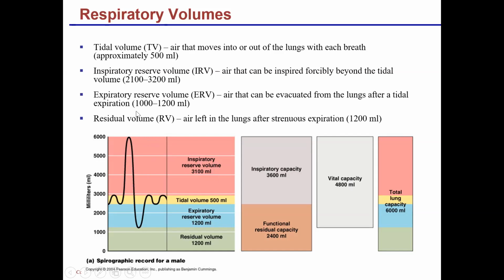Okay. Next one is expiratory reserve volume. That means the air you exhale on top of the quiet tidal volume. If you force yourself, if you contract the muscles like internal intercostals, rectus abdominis, and also the oblique muscles and transversus abdominis, you can force more air out.